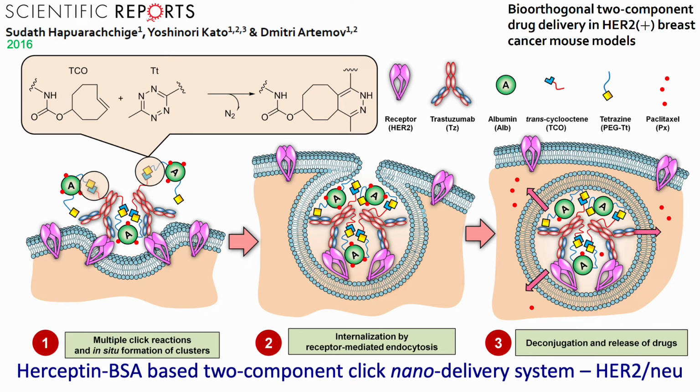These clusters get rapidly internalized by receptor-mediated endocytosis, and then this is followed by deconjugation and release of the drug wherever there is the presence of this HER2 receptor, achieving this precision medicine type of approach.